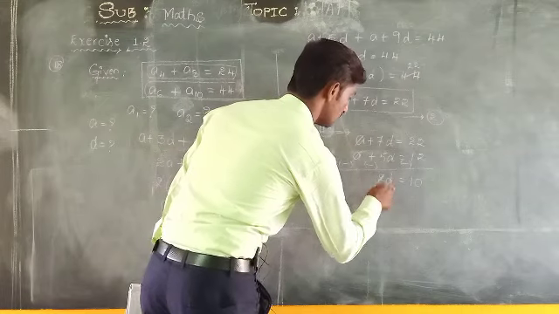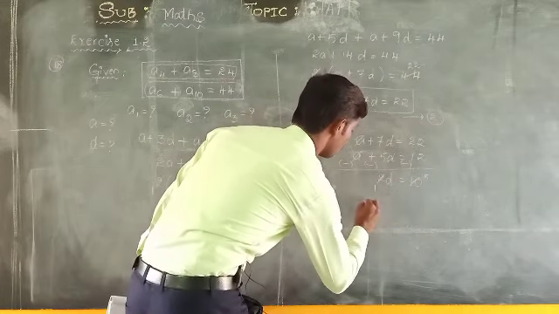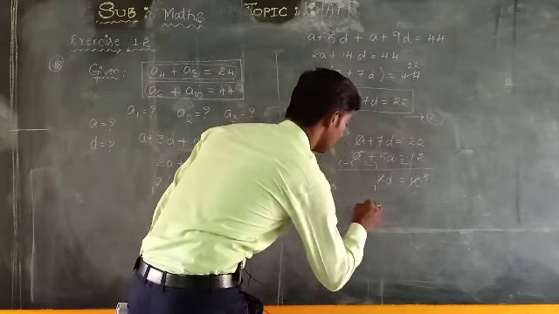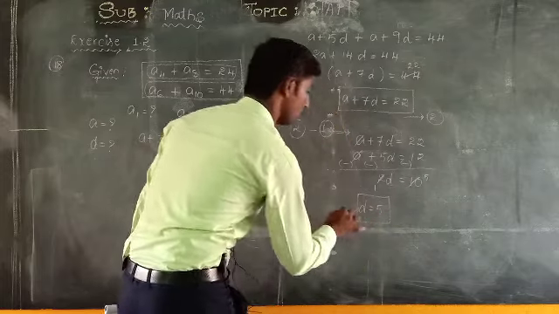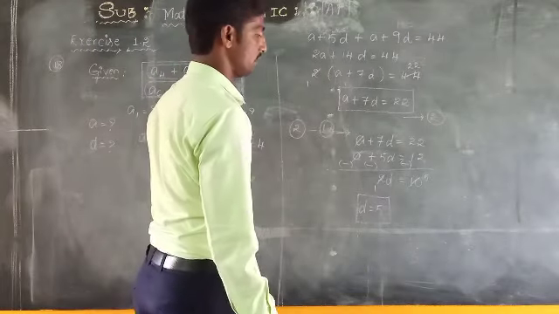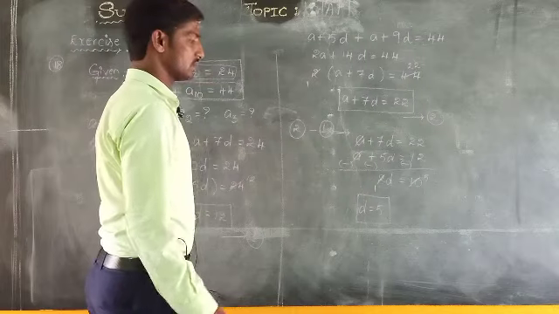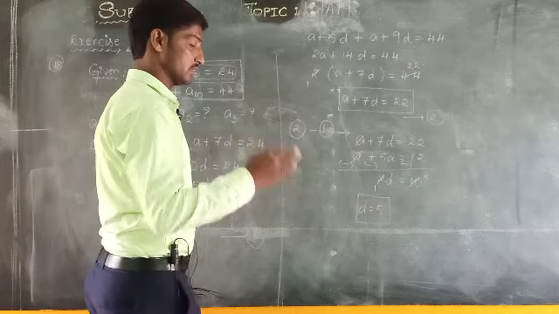So 2D equals 10, D equals 5. Therefore the required common difference is 5. Because we have only the D value, to write the 3 terms we need the first term first of all.